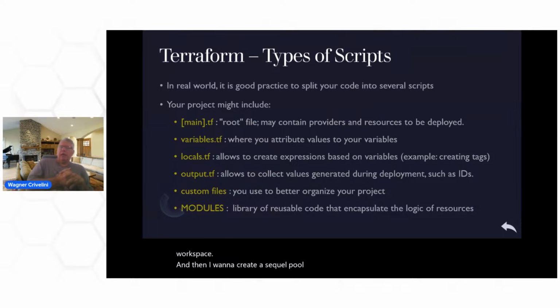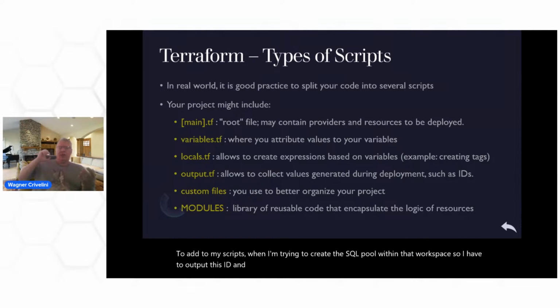Once I create my Synapse workspace, it will generate an ID that I need to add to my scripts when I'm trying to create the SQL pool within that workspace. So I have to output this ID and reuse it in the other module that I'm creating. Okay.